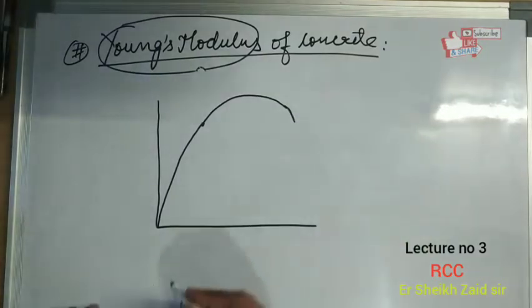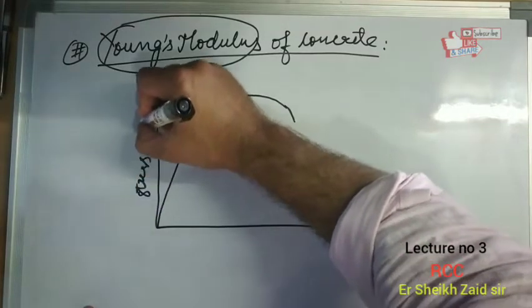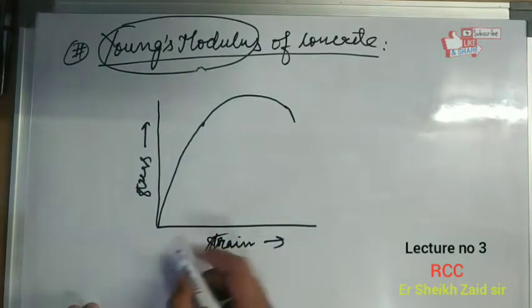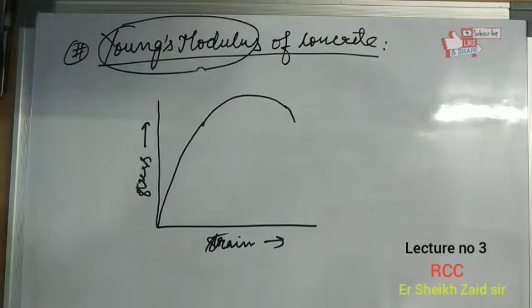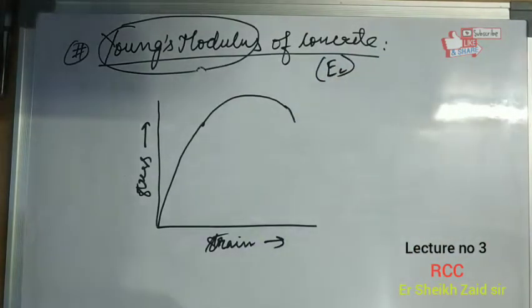This axis shows stress and this shows strain. Now see, there are various types of Young's modulus of concrete basically. See, first of all, the Young's modulus of concrete is denoted by Ec. Now as per this stress strain curve, the first type of Young's modulus of concrete is initial tangent modulus of elasticity.